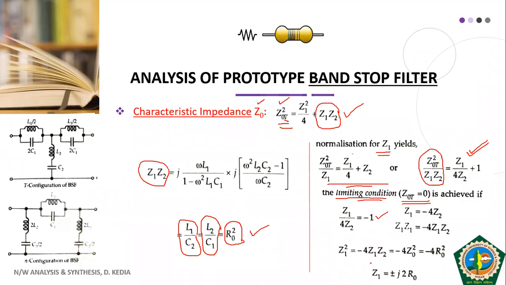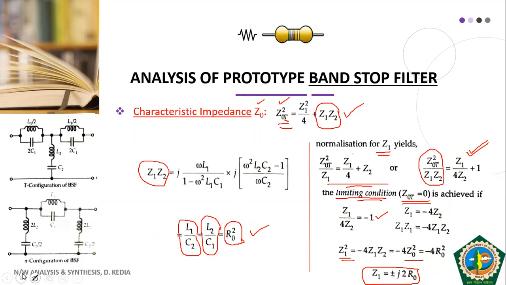If you solve it further, we get Z1 square is equal to -4 Z naught square, and Z naught square is nothing but your R naught square. So Z1 is equal to plus minus j2 R naught. So Z1 has two values: one is a positive value and another is a negative value.